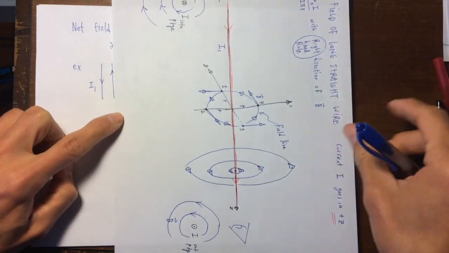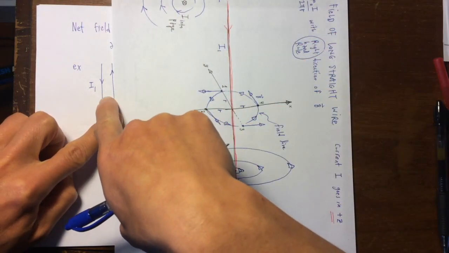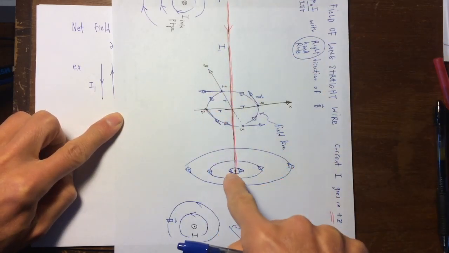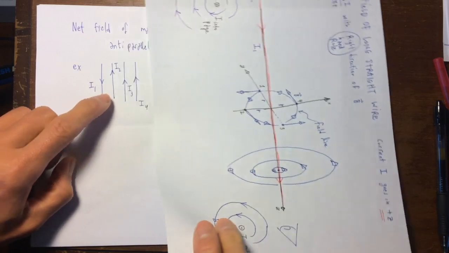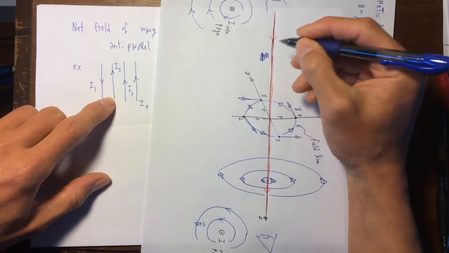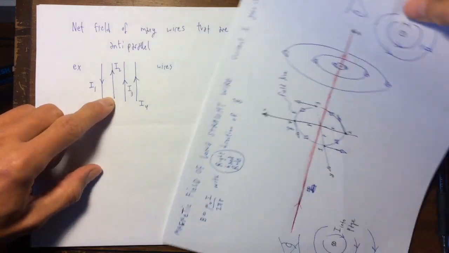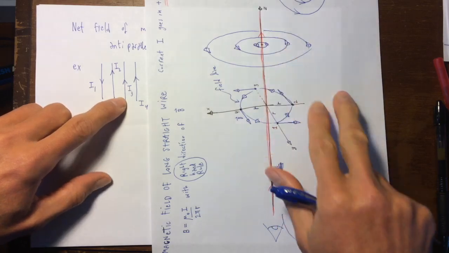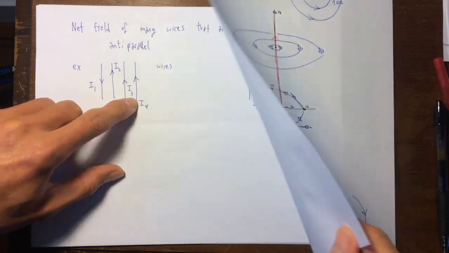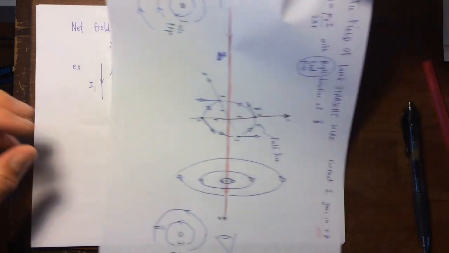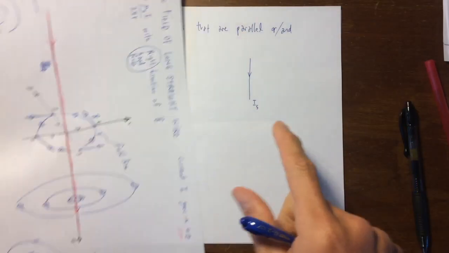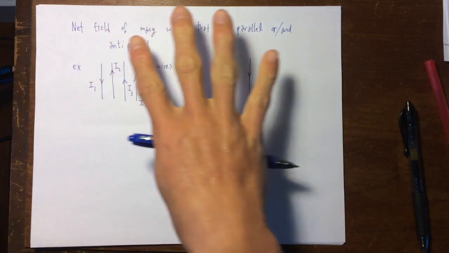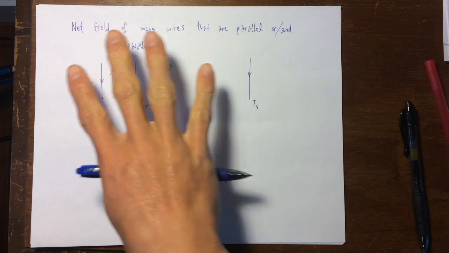Number 1 is down, and the magnetic field around this wire has this shape. Current number 2 is instead oriented this way. Current number 3 is oriented this way. Current number 4 is oriented this way. Current number 5 is oriented down instead.